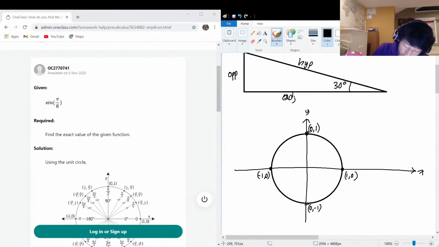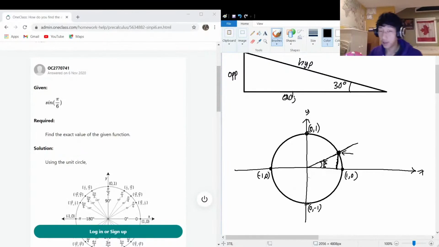Okay, and basically here we'd have an angle of pi over 6. And we're just trying to find the point here.